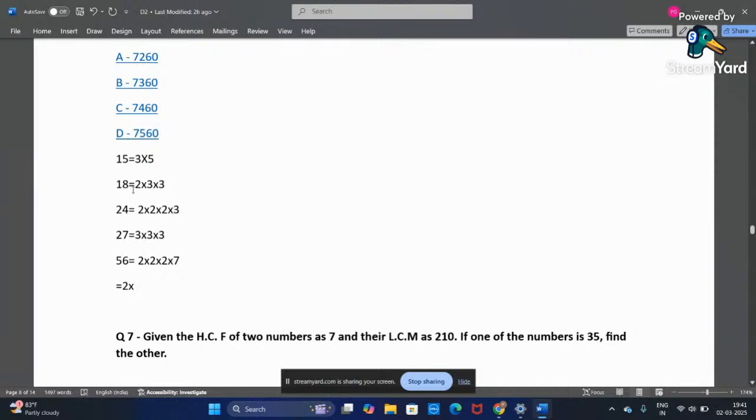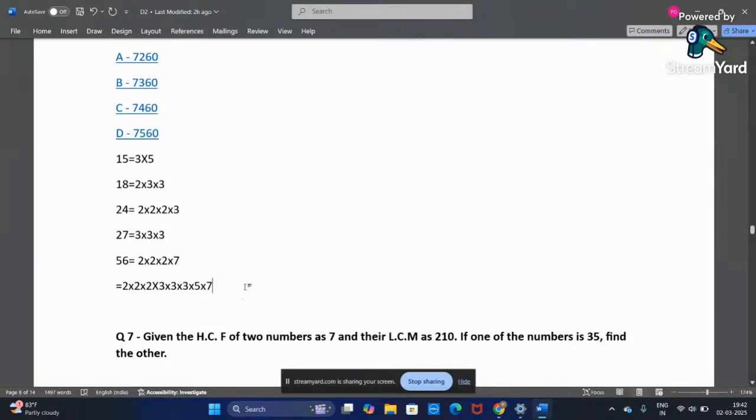How many 2s are there? Here 1, 2, again here 2, again 3. So we have 3 times 2. So take it in this way, and 3. 1 time, 2 times, 3 times. We have 3 times 3, and 5. Here only once we have 5, and here we have once 7.